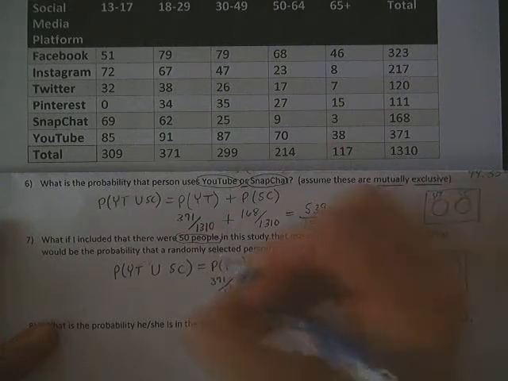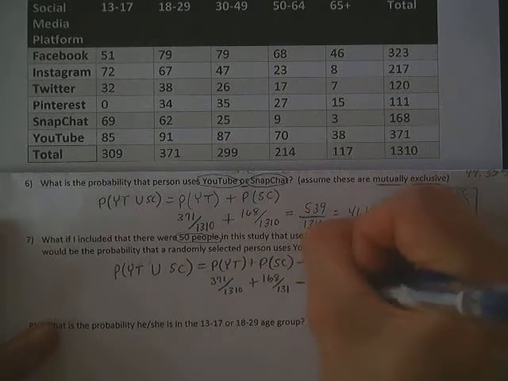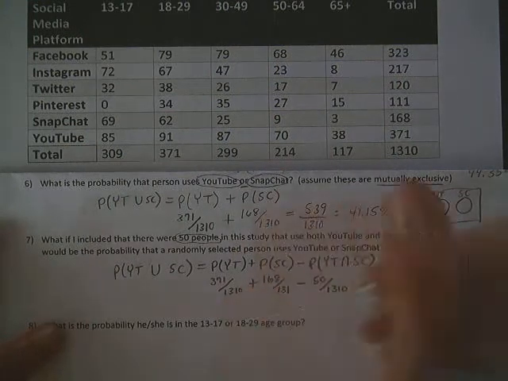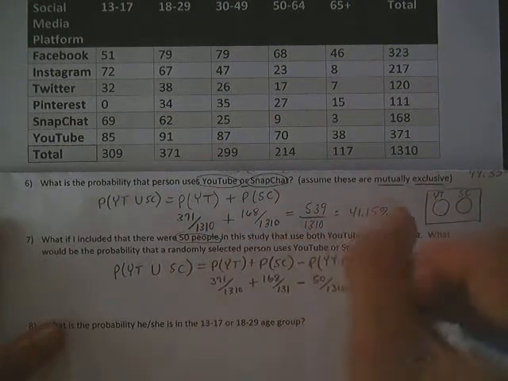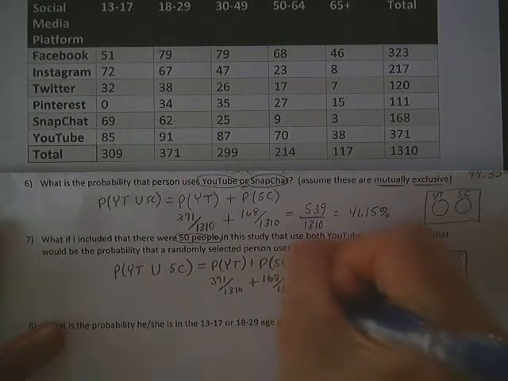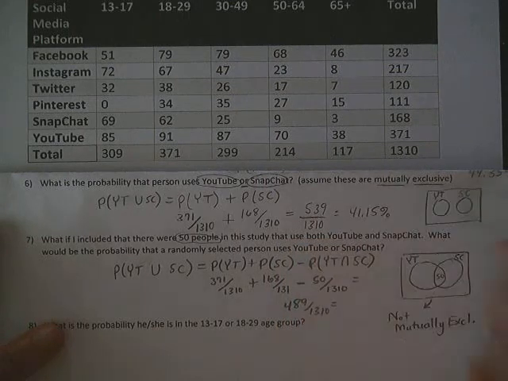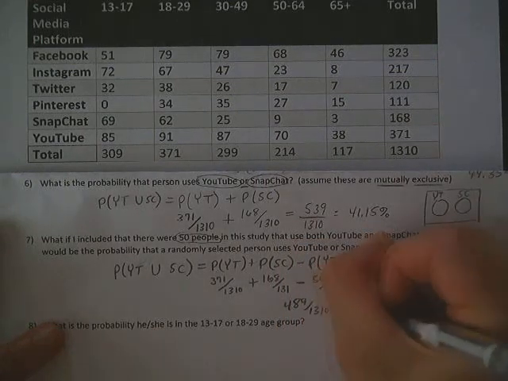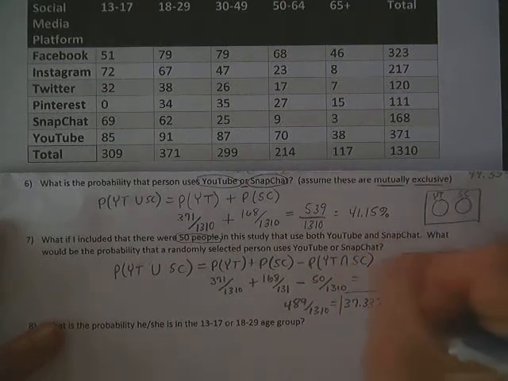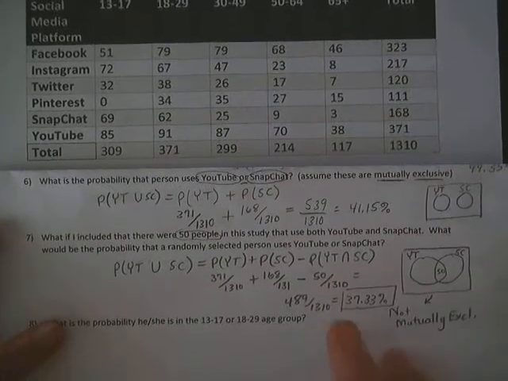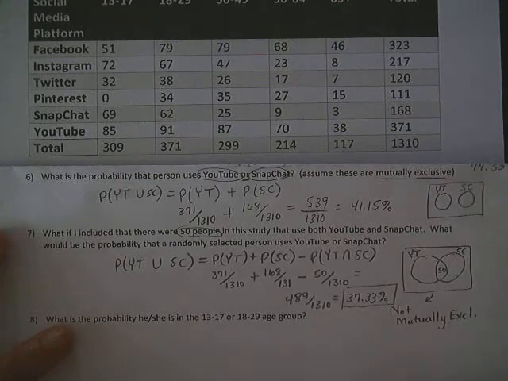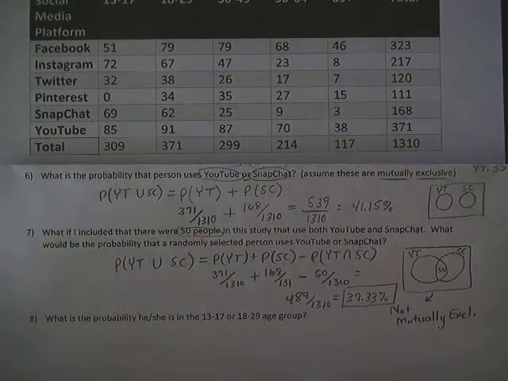But now we're told that there's 50 people out of the total that use both. Okay, so you just have to subtract that 50. And when I do that, I'm going to write my answer down here, I end up getting 489 out of 1310, which as a percentage is 37.33%. So that's the likelihood that if there were people that use both, which normally there are, that would be the likelihood of getting somebody or that uses YouTube or Snapchat.